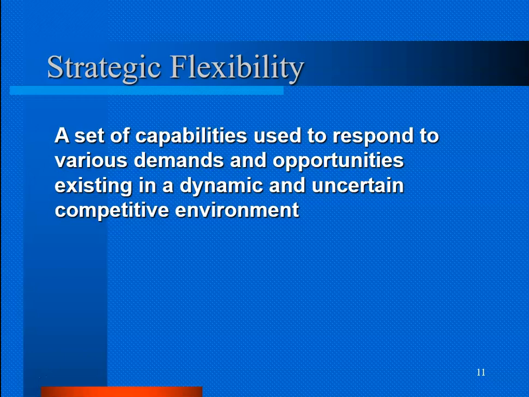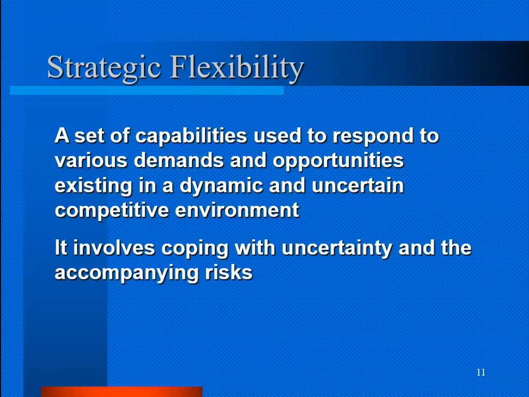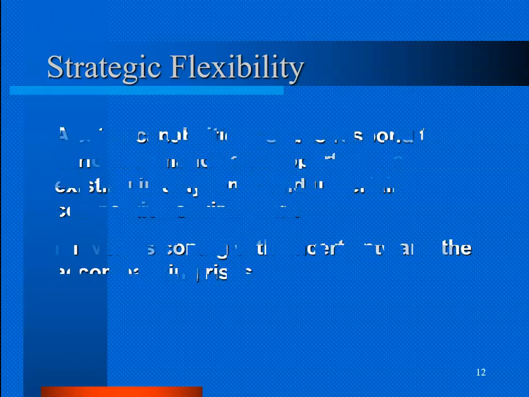It is a set of capabilities used to respond to various demands and opportunities existing in a dynamic and uncertain competitive environment. It involves coping with uncertainty and the accompanying risk. So basically, you are going out there to compete in this particular market, then you have to be prepared for uncertainty. And the forecast that you may have had in your business plan may very well not be what actually happens. So you have to be prepared for that.